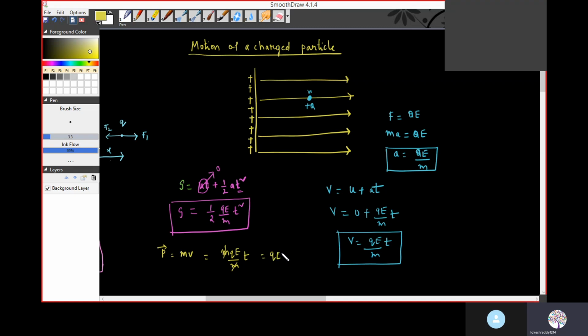So this is qEt. Then you can write the kinetic energy also. The kinetic energy is equal to half m v square, that is equal to half m into q square E square t square by m square. So this m and m square get cancelled. We get q square E square t square by 2m. That is the kinetic energy.